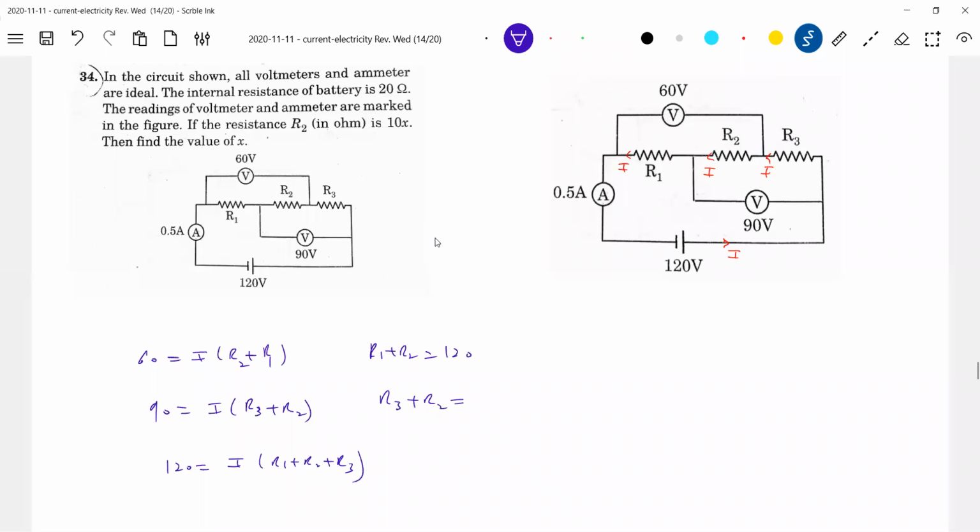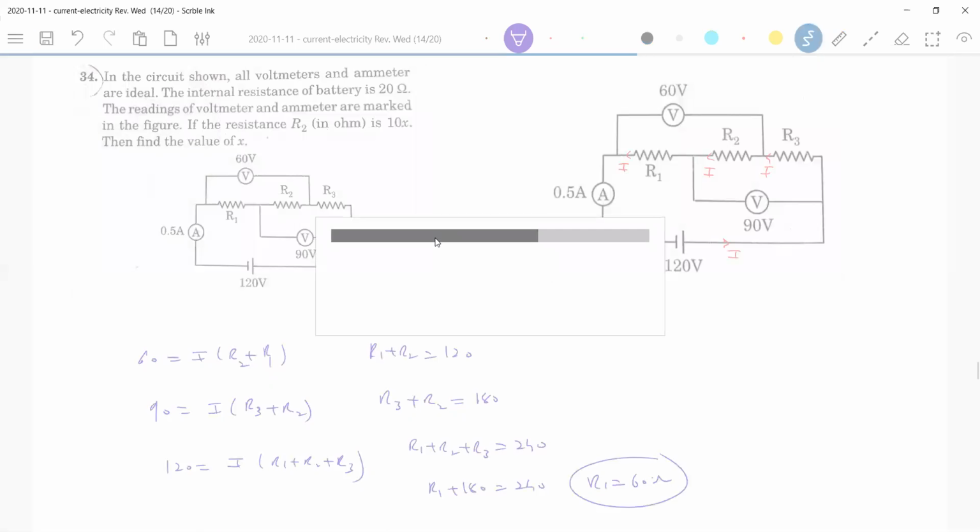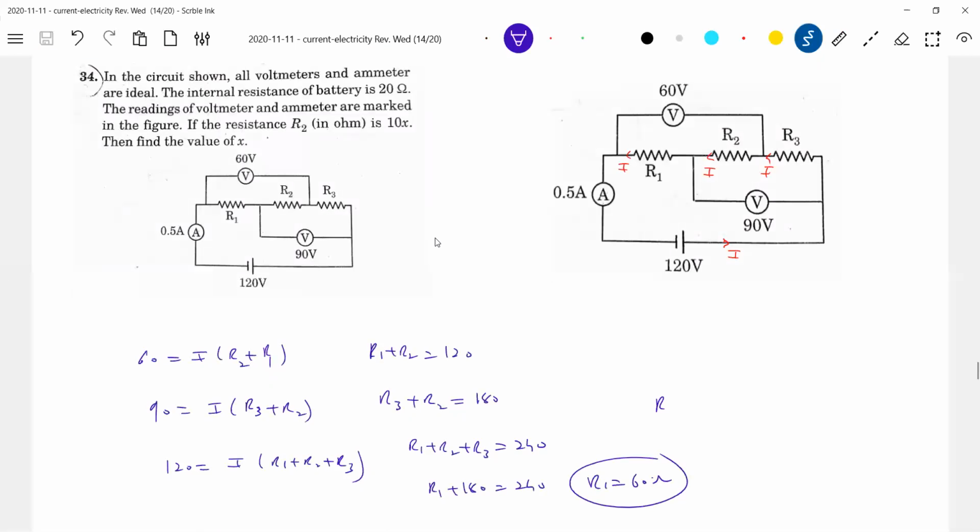R3 plus R2 is 180. R1 plus R2 plus R3 is 240. R2 plus R3 is 180. Substituting this, then you calculate other things. R1 plus R2 plus R3 is 220.